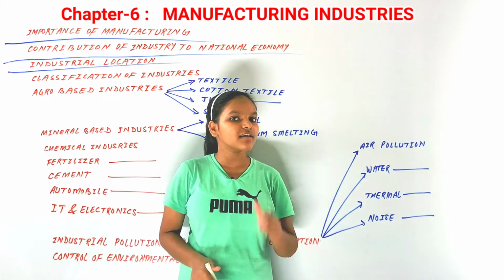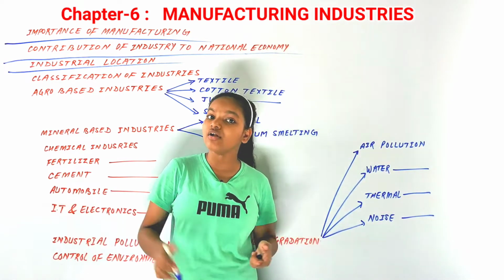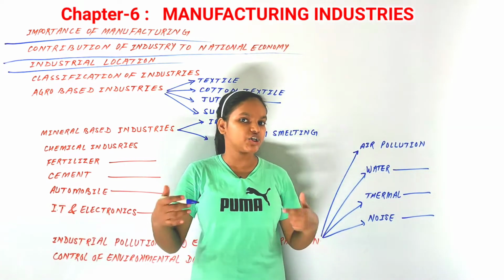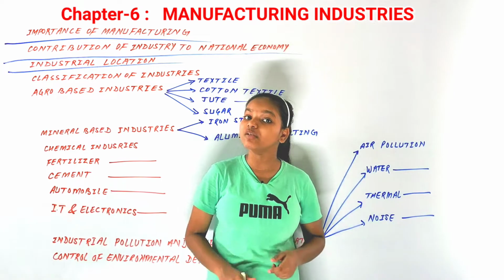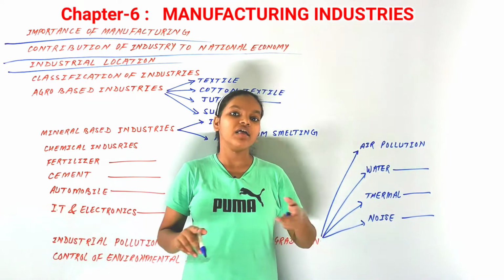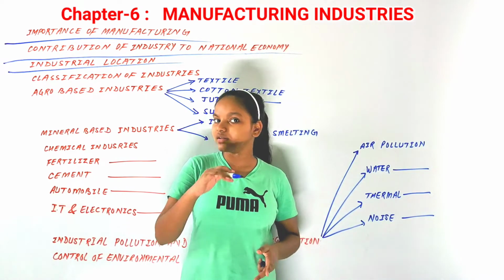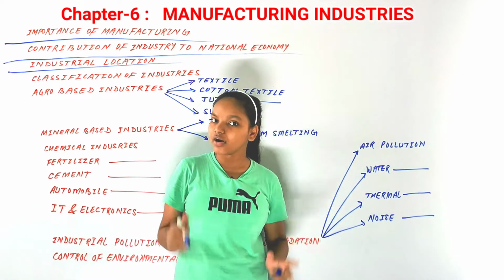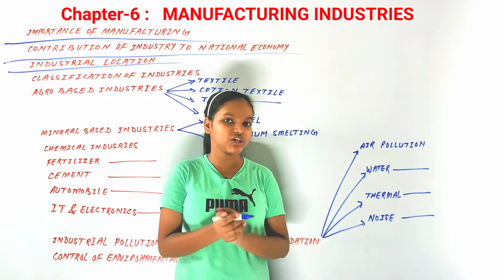So the main factor for establishing an industry, for industrial location, is a cheap cost of production. There should be cheap cost of power, as minimal as you can. That is a very important factor for an industrial location.